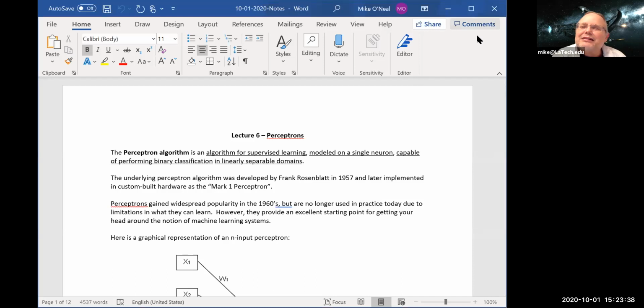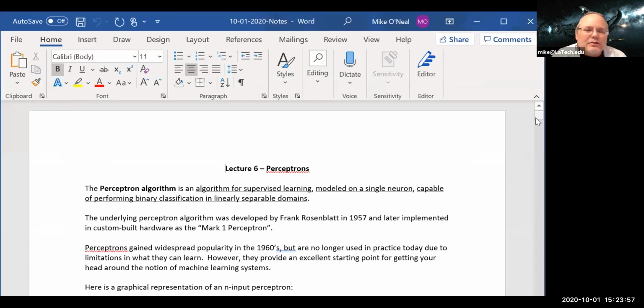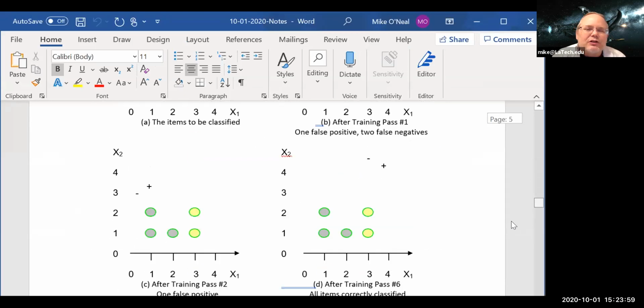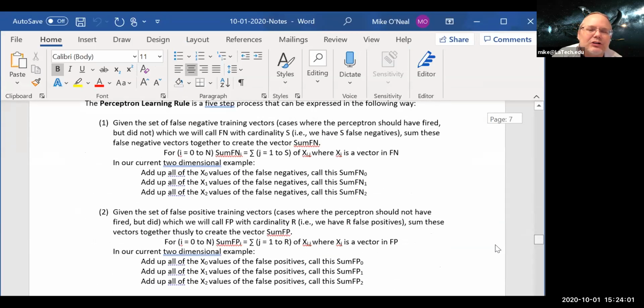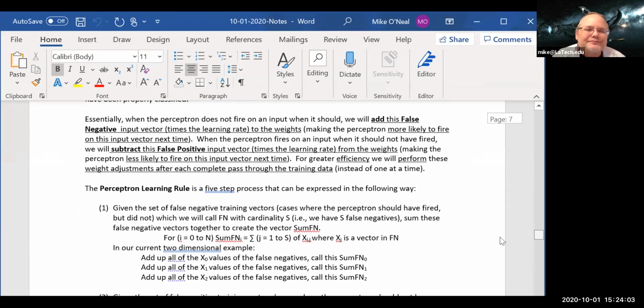Let's see. Don't close the microphone. I'm trying to move my notes, and I'm not having much luck because the stuff is at the top. All right, zoom through all of this. Okay.